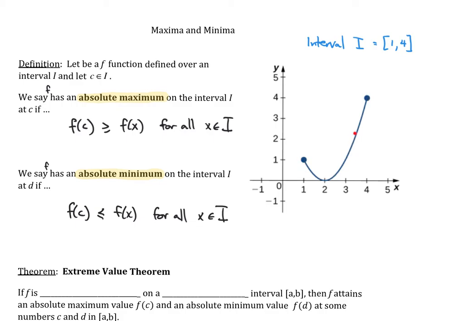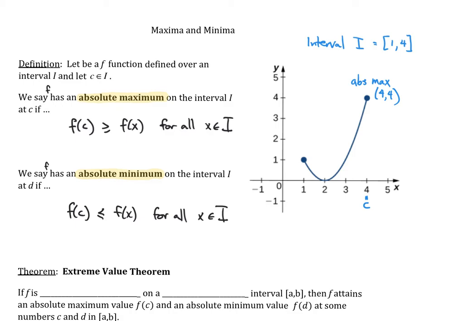In other words, the biggest y value is 4, and that occurs at the x value of 4. So the point where the absolute maximum occurs is (4, 4). This is the absolute max. And in this case, the role of c is being played by the number 4. So put a c over here.